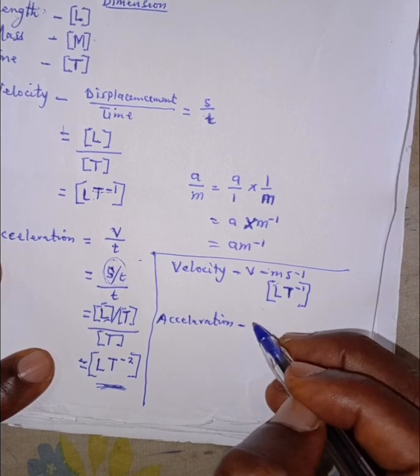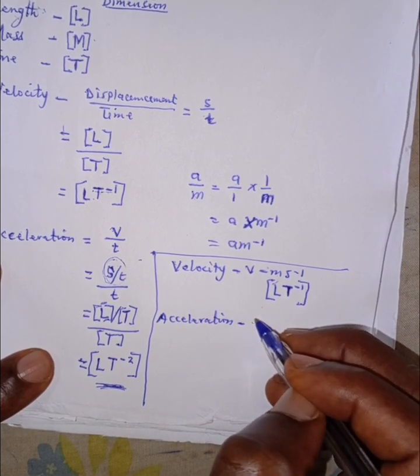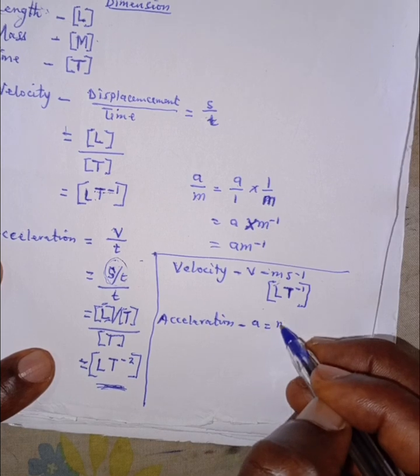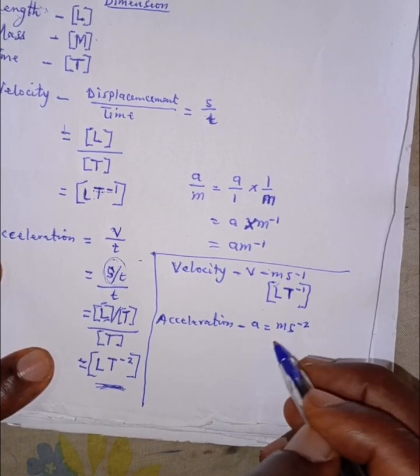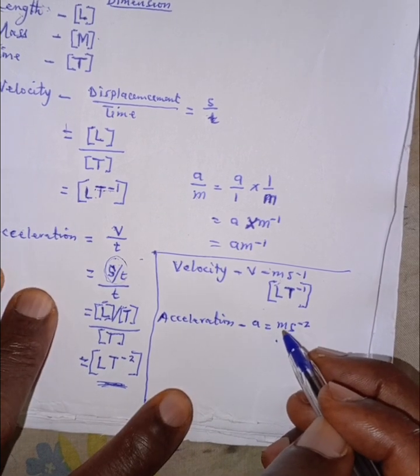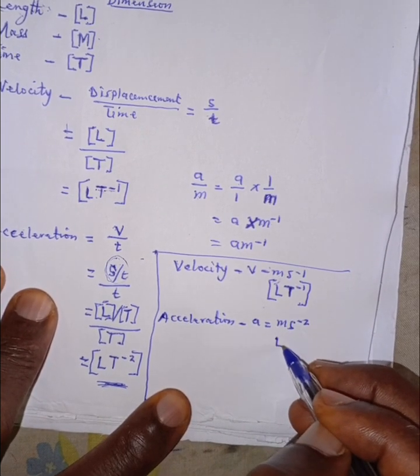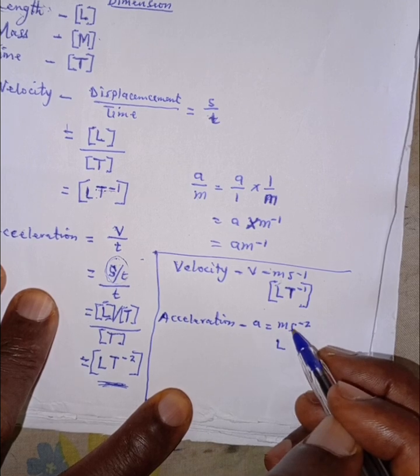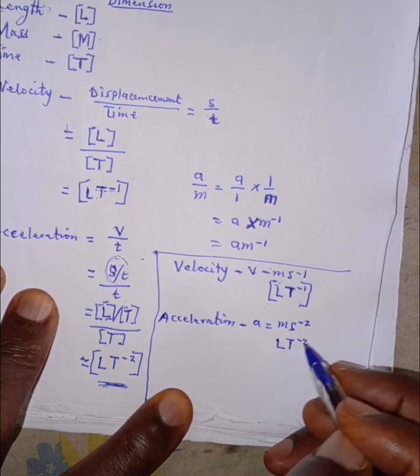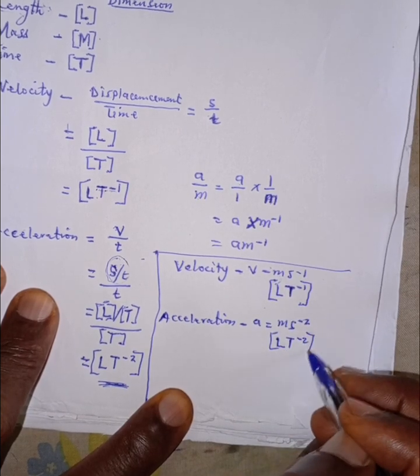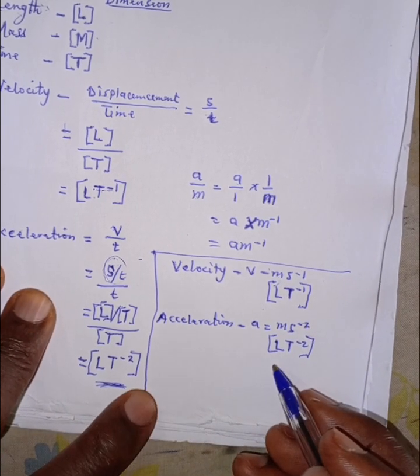This time, the unit of acceleration, a, is equal to meter per second square. Just the same thing: meter is length, second is time, raised to power minus 2. So you can see the dimension of acceleration.